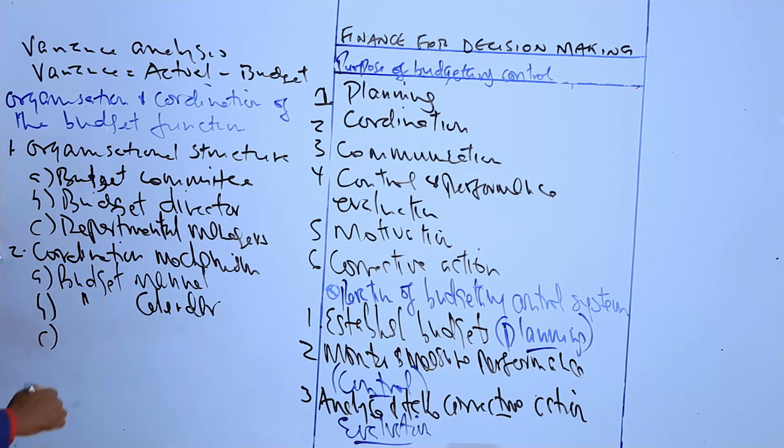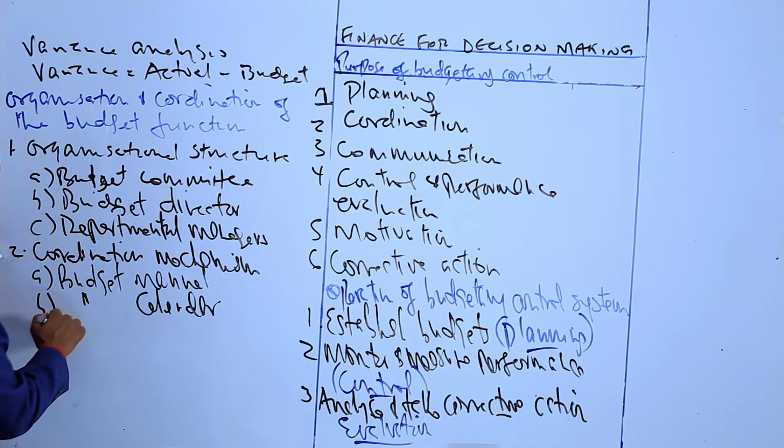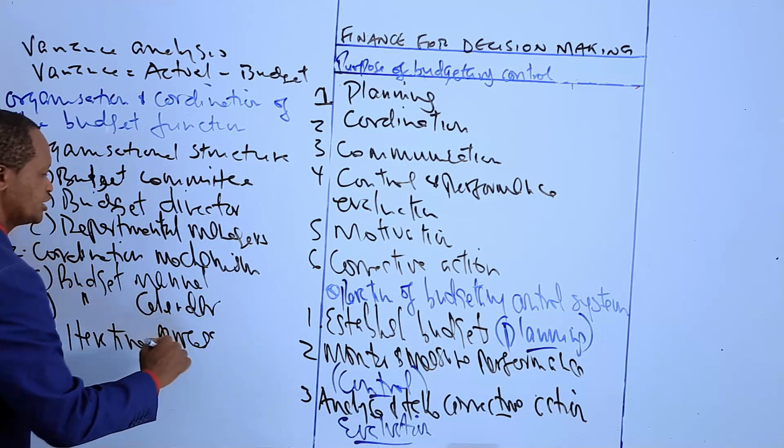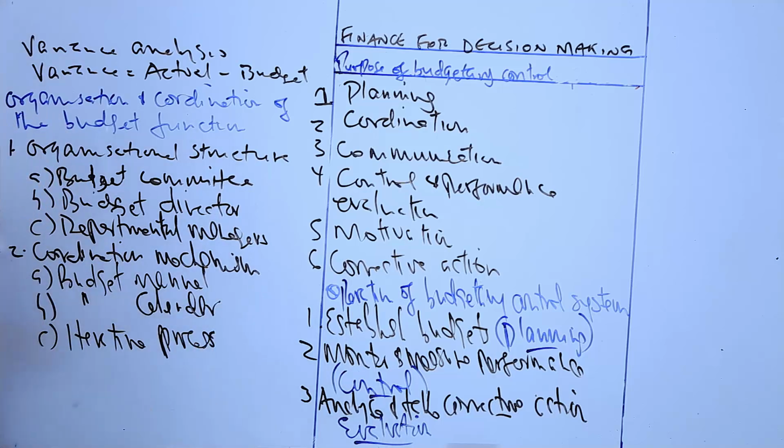But it's also important to note that coordination is iterative. It is not a linear process, it is an iterative process. Budgets must be prepared in a logical and coordinated sequence. For example, the sales budget must be finalized first because it dictates the level of activity for the production budget.